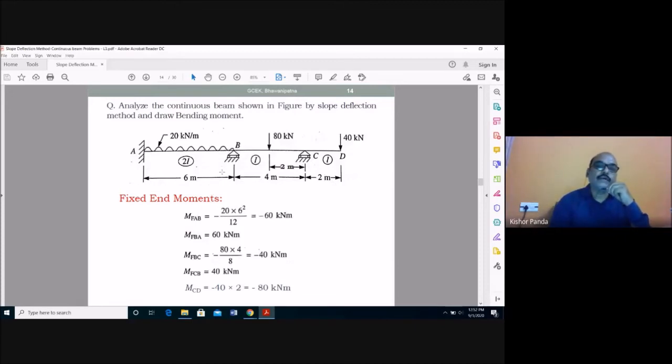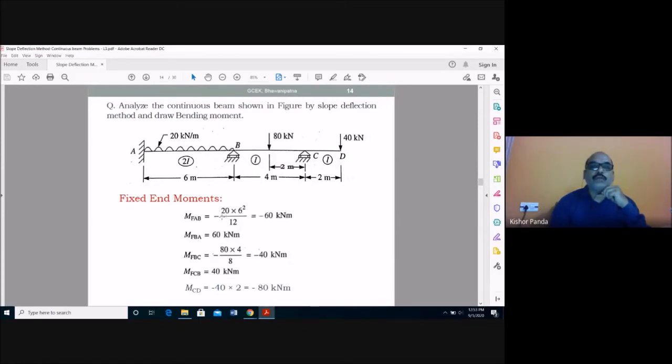So the first step is you have to find out the fixed end moments. MFAB: because the load is 20 kilonewton per meter, minus 20 into 6 square by 12, minus 60 kilonewton meter. And MFBA is positive, plus 60 kilonewton meter.